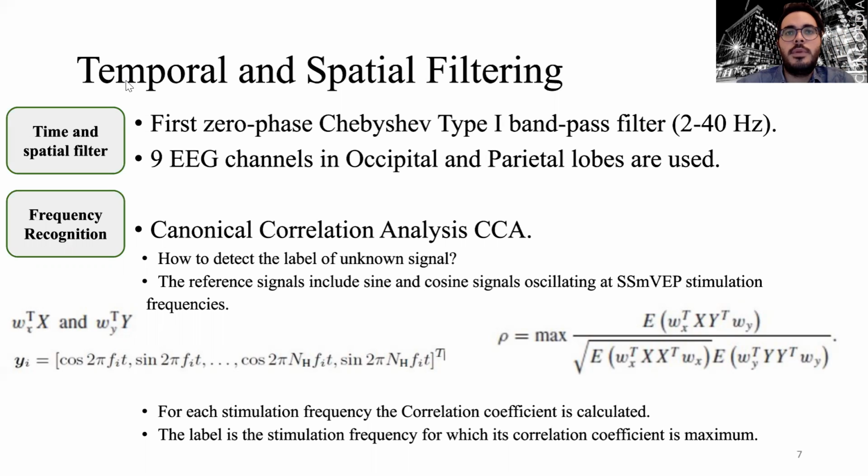We aim to find projection vectors leading to the largest correlation coefficient between the projected data sets. For each stimulation frequency, the correlation coefficient is calculated, and the final label is the stimulation frequency for which its correlation coefficient is maximum.